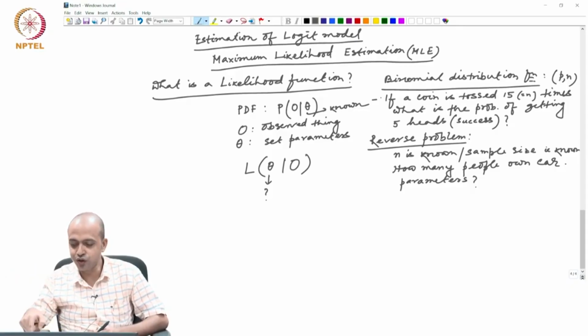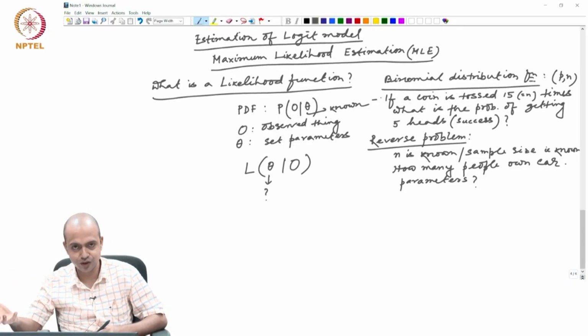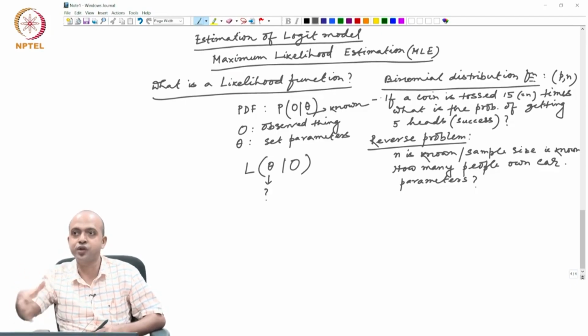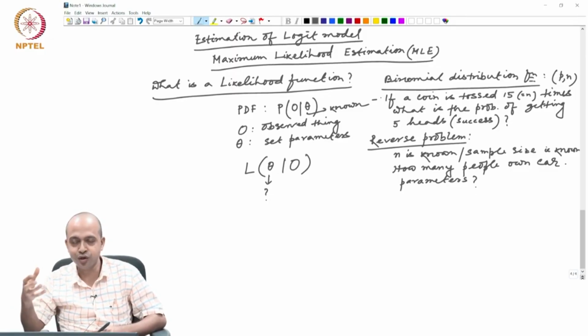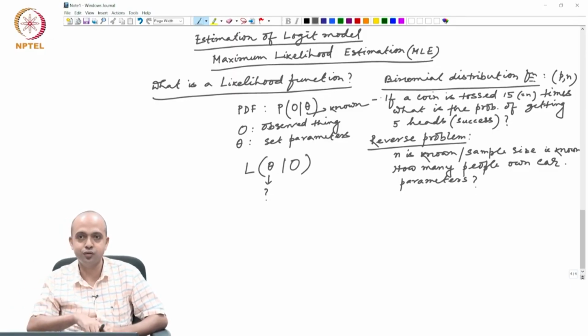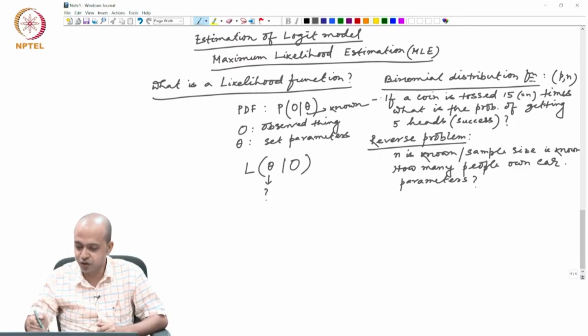Here in the likelihood function, I have already observed the O, but I would like to get theta, the set of parameters, that will maximize the probability of observing O, that means the probability of observing a particular sample in which 5 out of 15 individuals own a car. That is actually the likelihood function. So, this reverse problem will give you the likelihood function.